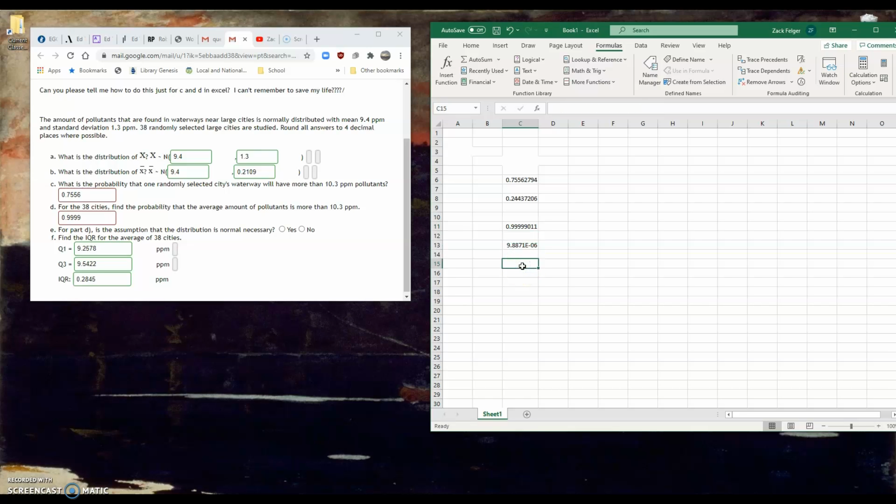Let's try this. Equals 1 minus 9999011. Nope, same thing.